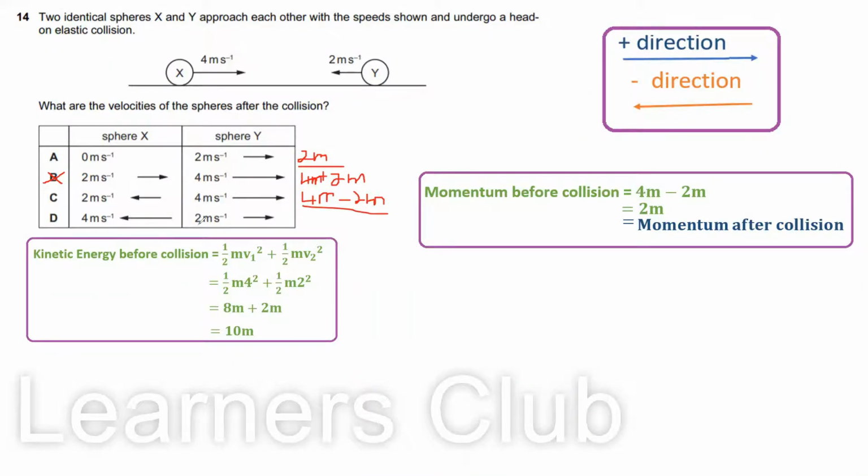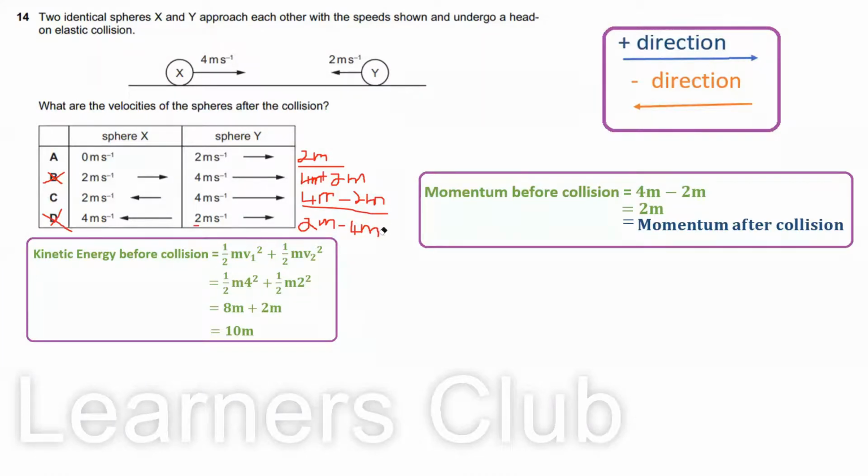Let's check this one: towards the right, 2m, and this is minus 4m. So there is a sign change. That means the direction of the momentum after collision is in the opposite direction, so there is minus 2m. There is no minus here, so that's not the option.